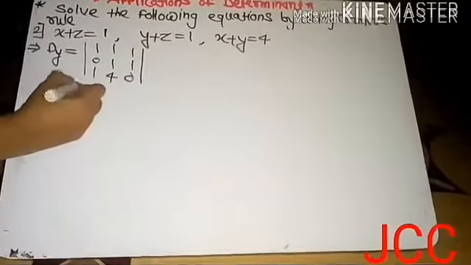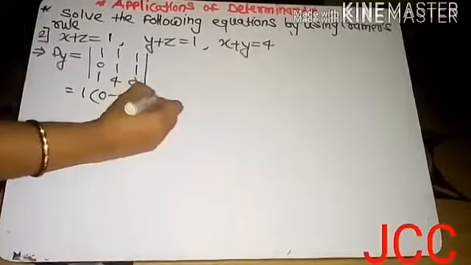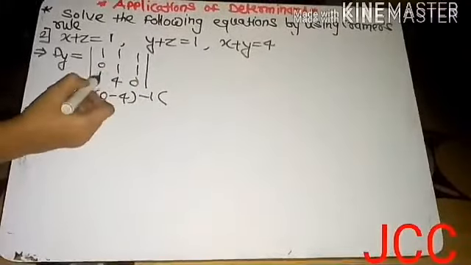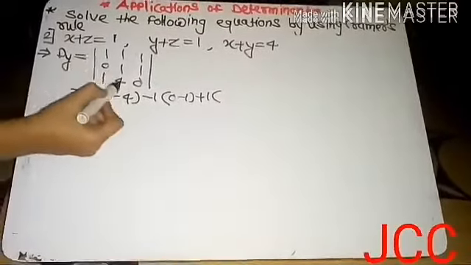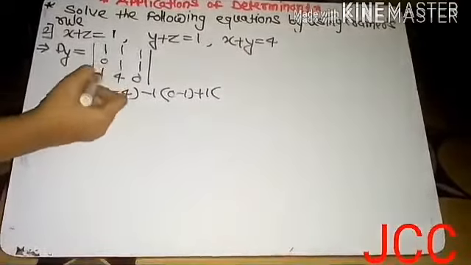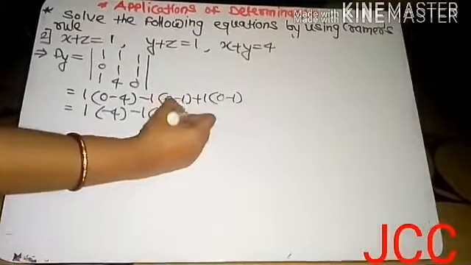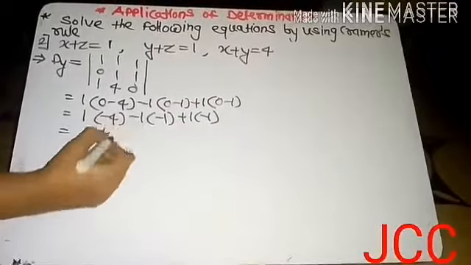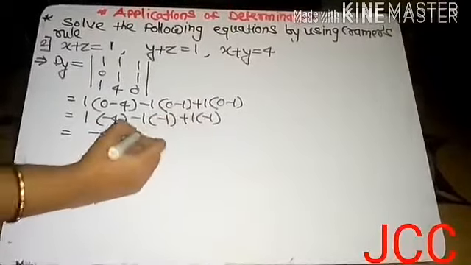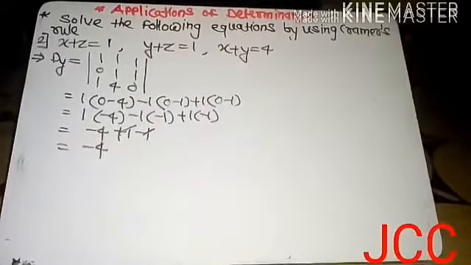Now we solve 1 0 minus 4 minus 1 0 minus 1 plus 1 0 minus 1, that is equal to 1 minus 4 minus 1 minus 1 plus 1 minus 1 minus 4 minus minus plus 1 plus minus minus 1. 1 minus 1 cancel, we get minus 4.